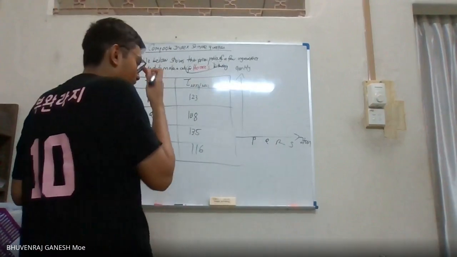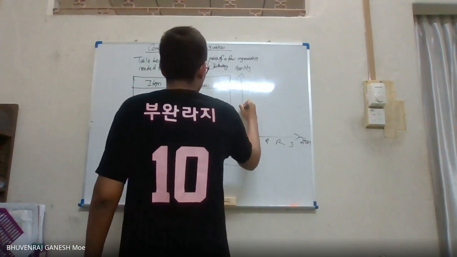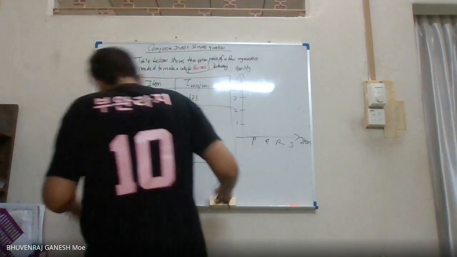So usually always remember in composite index you'll be dealing with 4 items always when you find the composite index for a year based on another year. You can see down here, right?